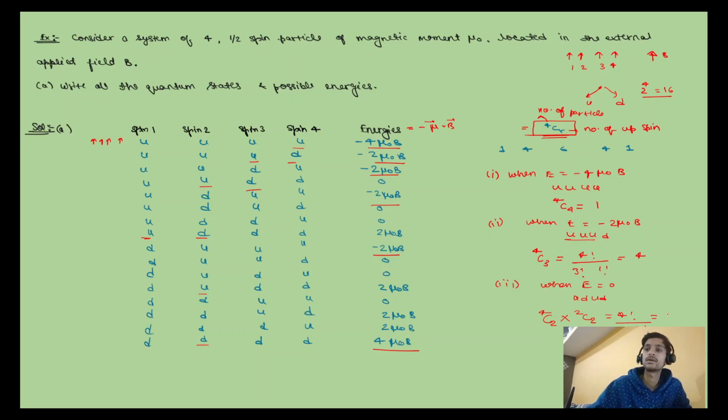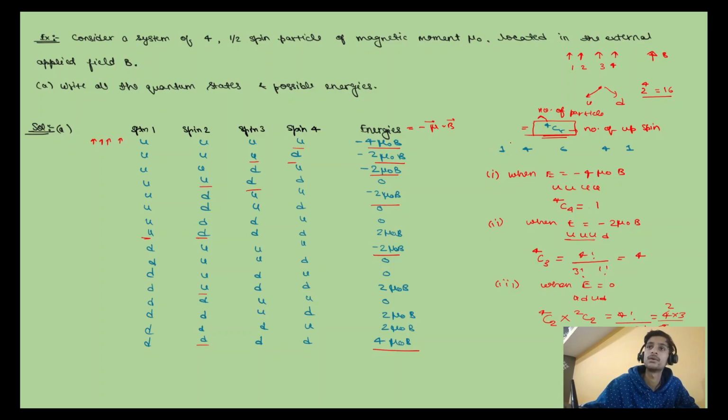So if you do this, that will be 4 times 3 divided by 2. So this will give you 6. So you have 6 different ways to arrange these 4 spins to give this final energy as 0, and then you can do this for the remaining cases also.